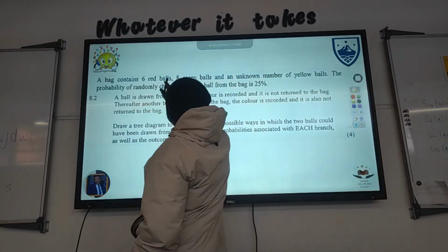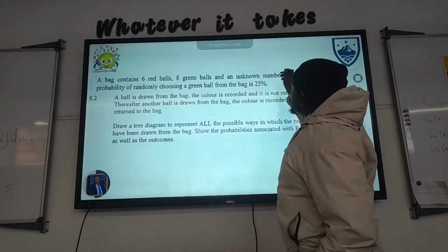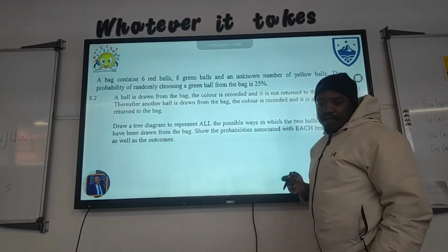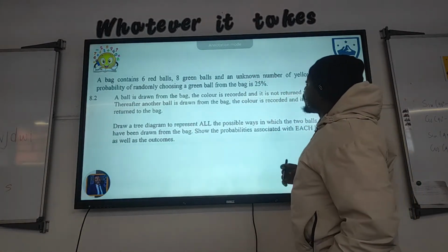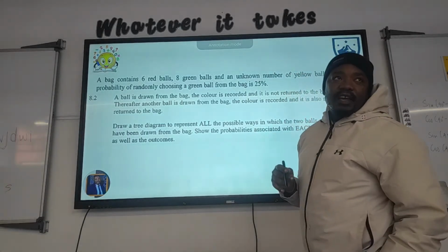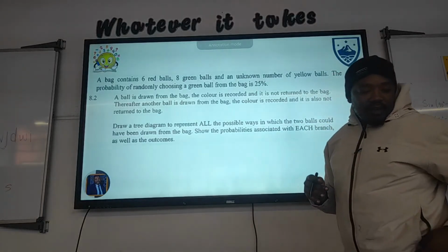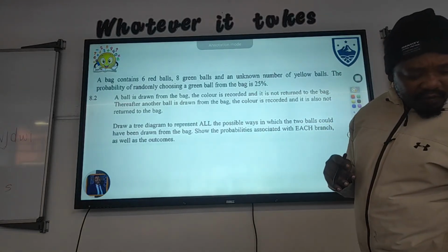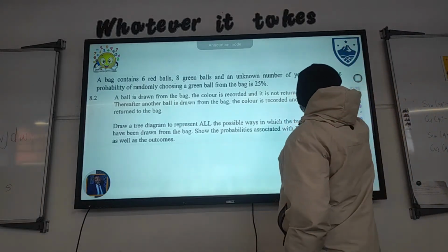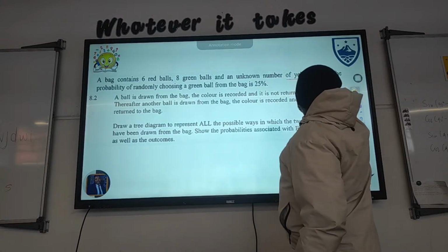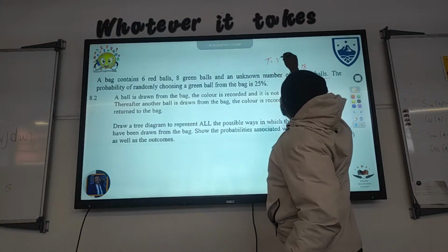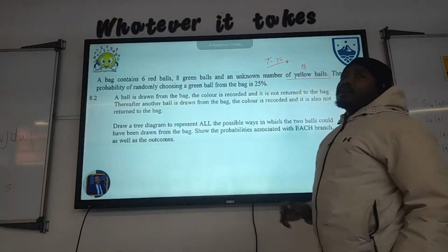We still have 6 red balls, still have 8 green balls, and we don't know the number of yellow balls, but from what we have done previously, we have the value of those yellow balls, because that was 32 minus 14. Last time I checked, it was 18. So can we confidently say these yellow balls are 18? So the total number of balls is 32, and we discovered that from the previous problem.